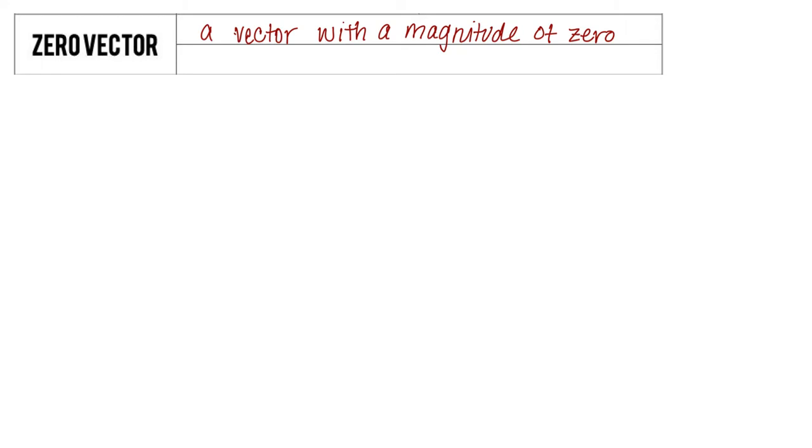Zero vector, a vector has magnitude of 0. In other words, you do the distance formula and you get 0. That's your 0 vector. So it has no length to it. So it could be just a point there.